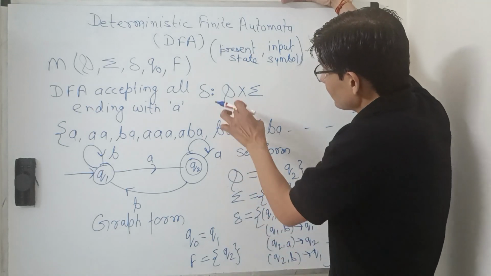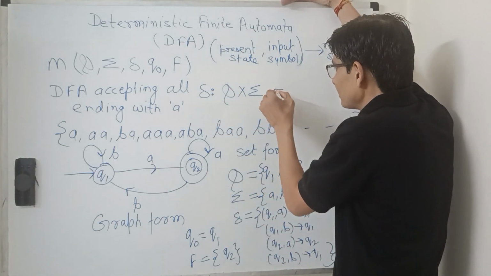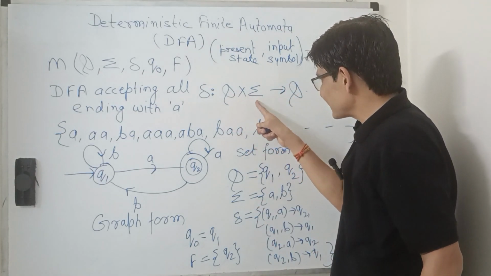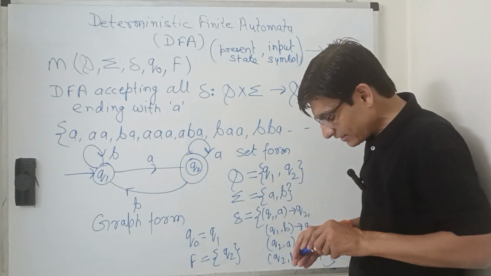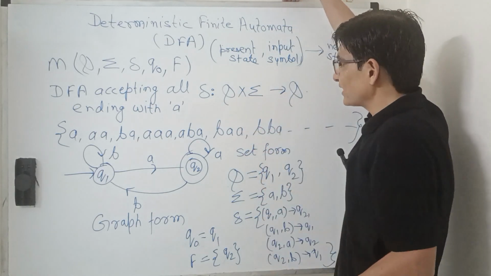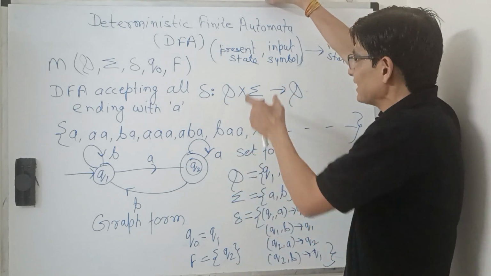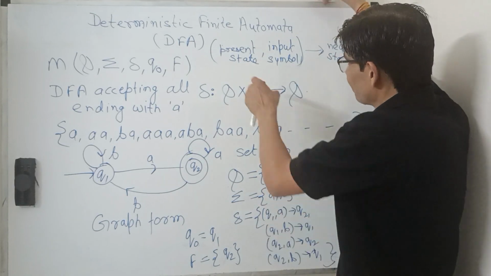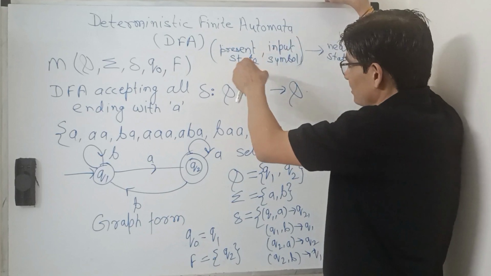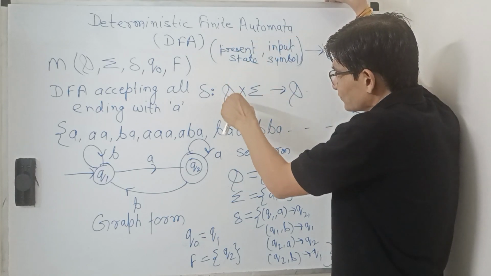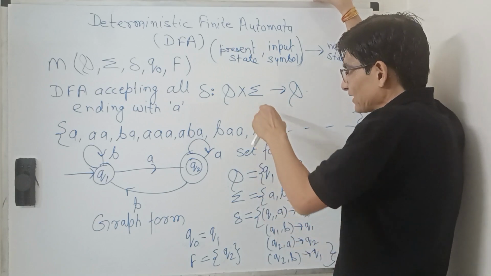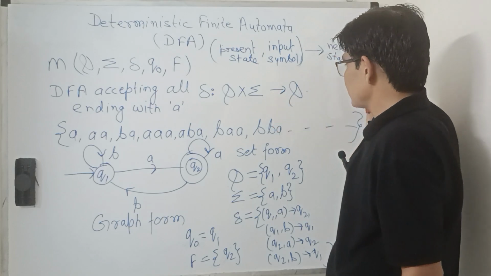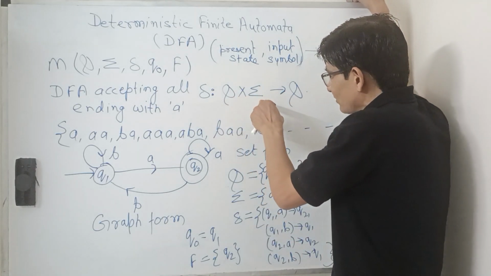We can represent delta as a transition function, which is written like this: Q cross sigma gives Q. In a Cartesian product, again we represent members as ordered pairs, where one member comes from the first element of the Cartesian product, and the second member comes from the second element.